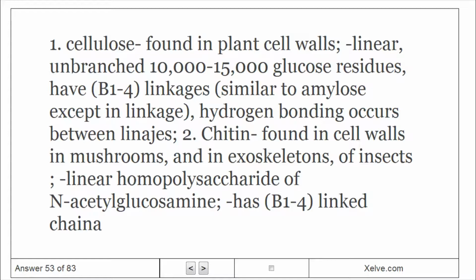Similar to amylose except in linkage, and hydrogen bonding occurs between chains. 2. Chitin: found in cell walls of mushrooms and in exoskeletons of insects, linear. A homopolysaccharide of N-acetylglucosamine with beta 1 to 4 linked chains.